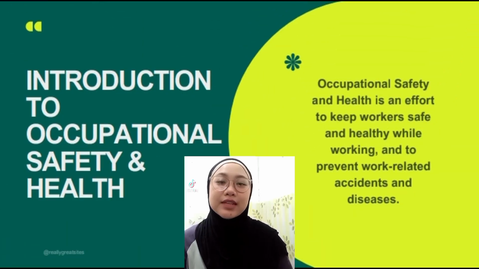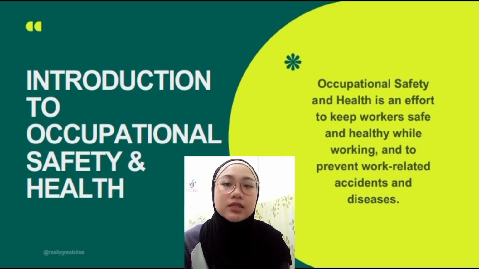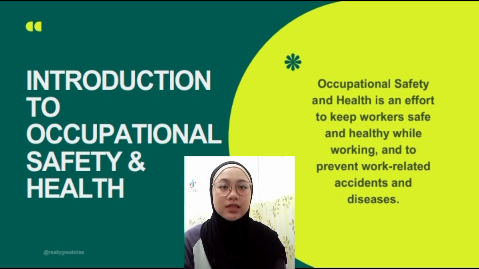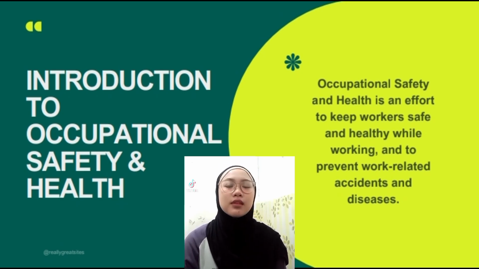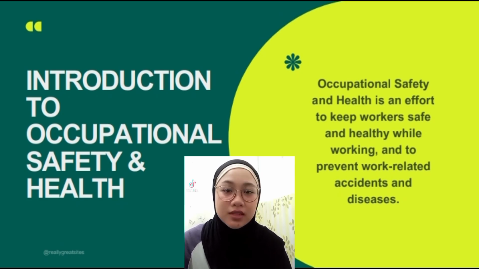Today, I will explain about occupational safety and health. Simply put, occupational safety and health is about keeping workers safe and healthy while they are working. Why is this important? Because every workplace has risks.